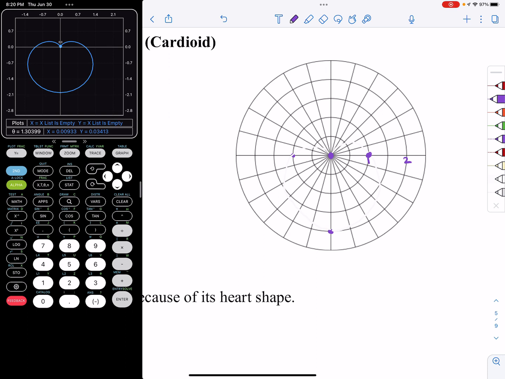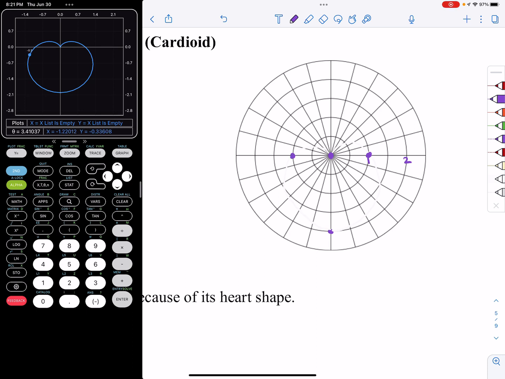Again, on your calculator, I'm guessing it'll hit right at 0, 0. Mine's just not being cooperative right now. Keep on going around. And you'll probably hit the coordinate negative 1, 0.